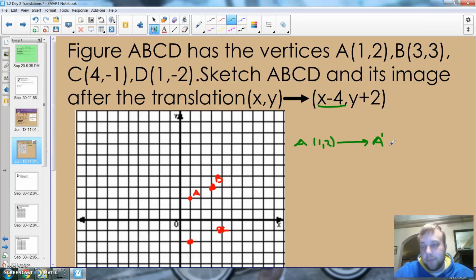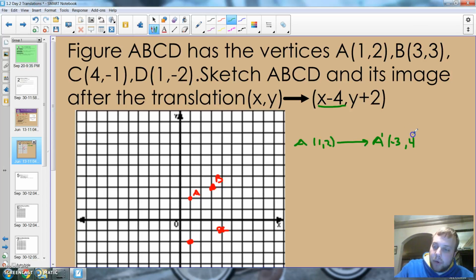Prime. All right, so I have A prime. And if I -4 from that, I'm going to get -3, right? 1 minus 4 is negative 3. And if I go 2 plus 2, I believe that's 4.